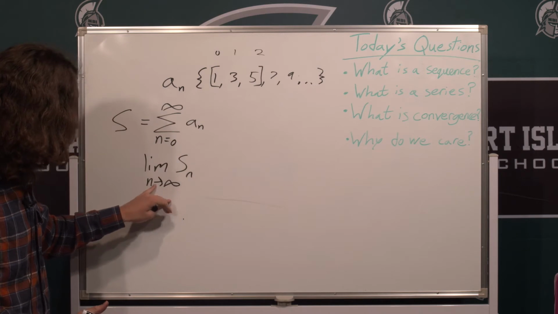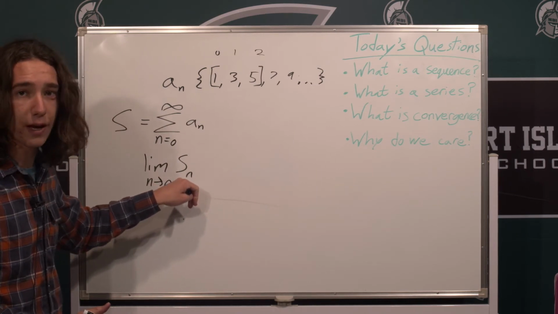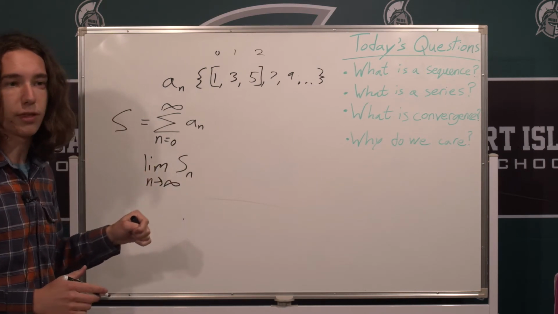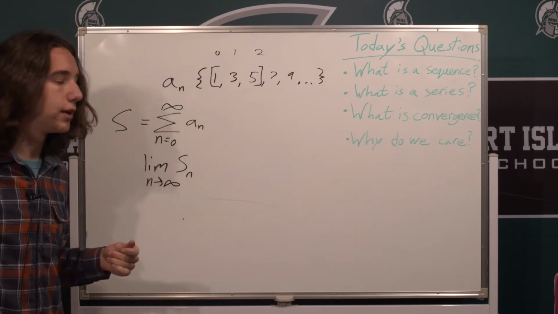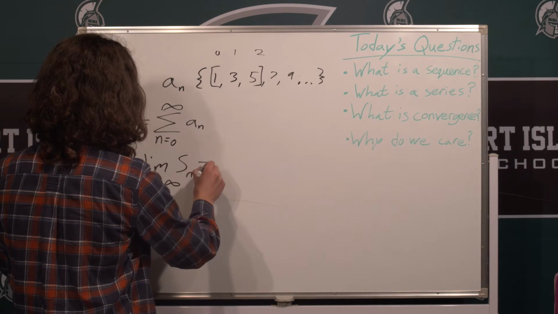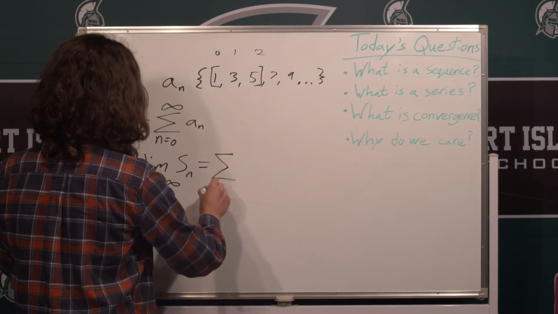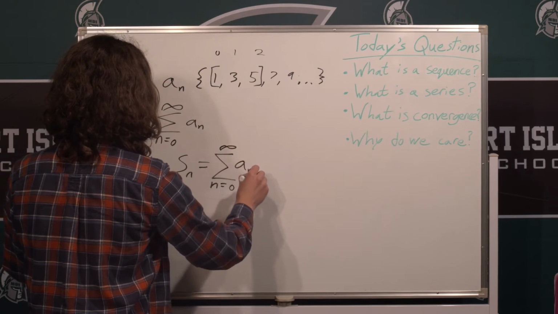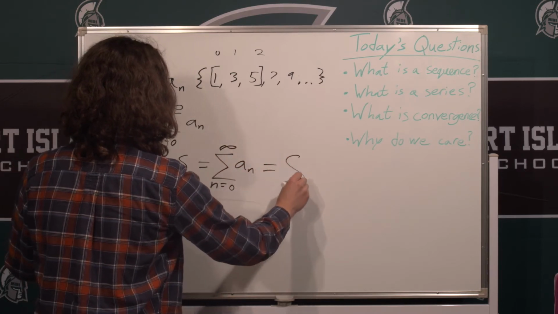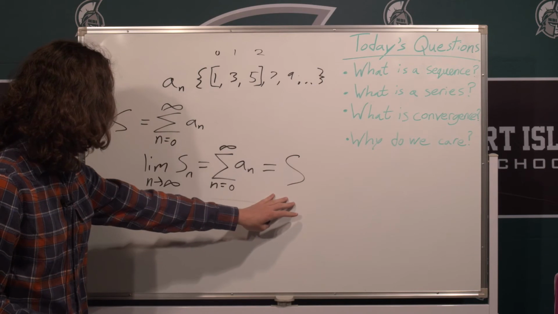So this limit, as n approaches infinity, of s sub n, the partial sum with up to infinity terms in the sequence, can then be written like this, which also is just what we call the sum.